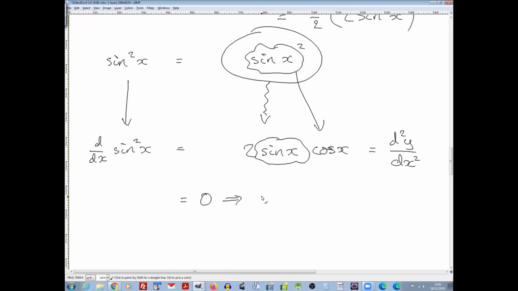It's the expansion of sine 2x. It is. Good. So it's sine 2x, which is equal to 0. In which case, sine 2x itself must be what? Now, unit circle. Sine means what?